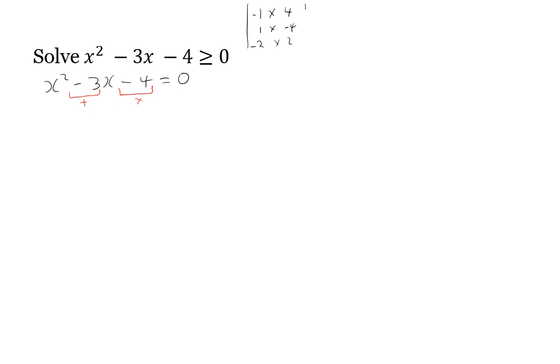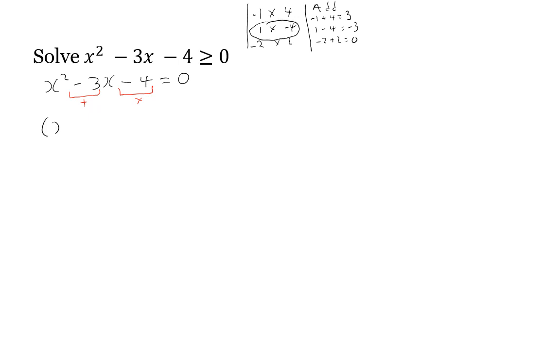All of these will give us minus 4. But we want them to add up to minus 3. If you add minus 1 plus 4, this will give us 3. If you add 1 minus 4, this will give us minus 3, and minus 2 plus 2 will give us 0. So we are taking this one because that's where we get minus 3.